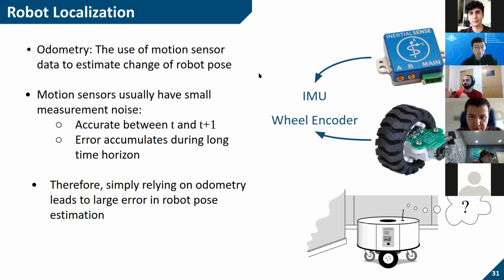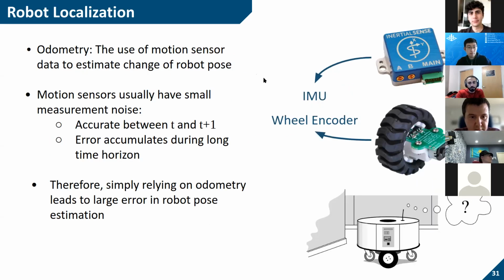Between two consecutive time steps, the location is usually pretty accurate, but these small errors accumulate over time and make a huge drift between the robot's true position and the estimated position. So simply relying on odometry is not a safe option. It is better to use some kind of external observations like LiDAR measurements as well.